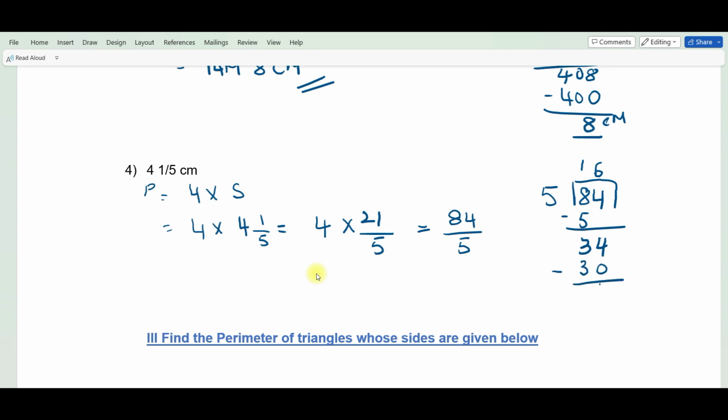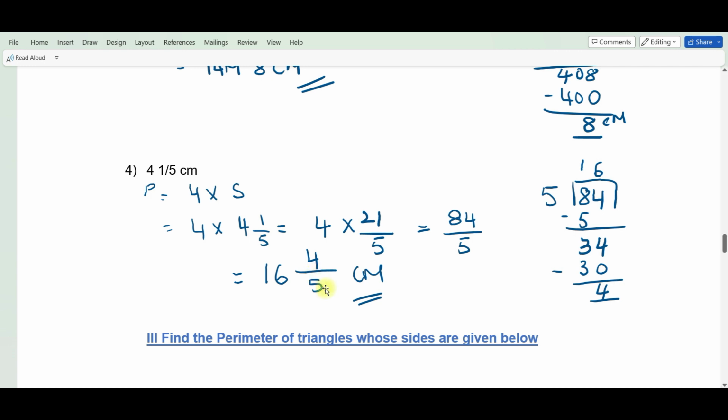I have a remainder of 4. Now I can write this as a mixed fraction this way: the quotient is 16, the remainder is 4 and the divisor is 5. So the perimeter of a square where the side is 4 1 by 5 centimeters, the answer is 16 4 by 5 centimeters. This is how you can solve the perimeter of a square.